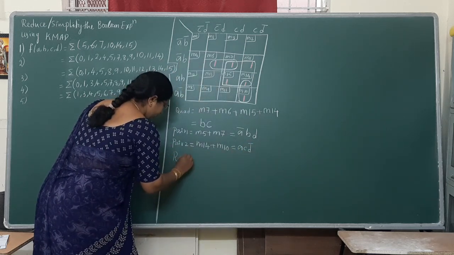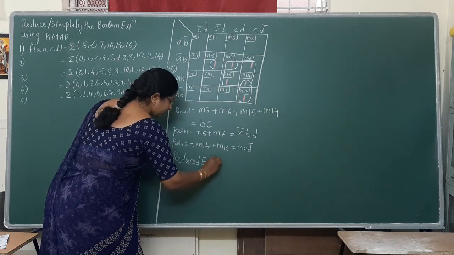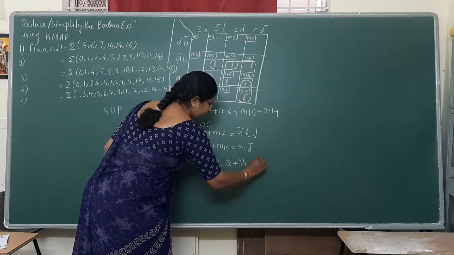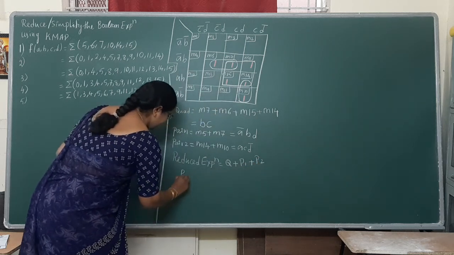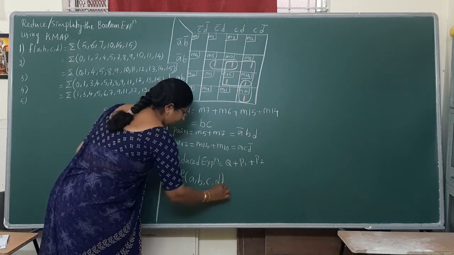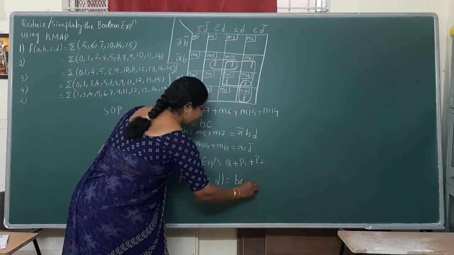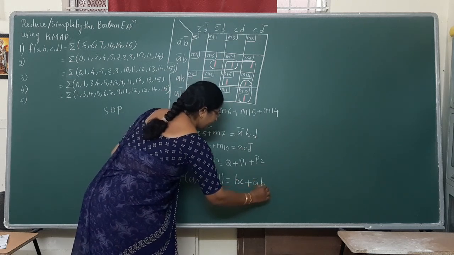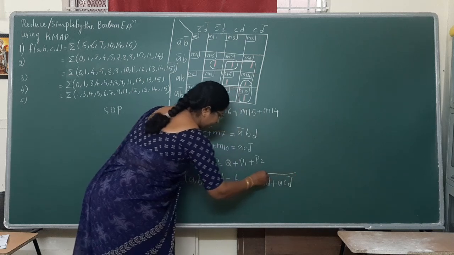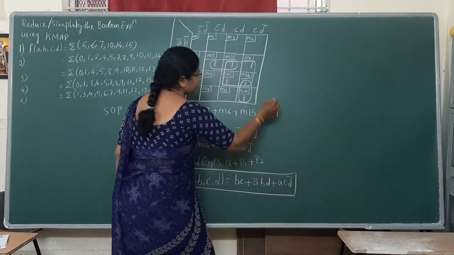So the reduced expression equals quad, pair 1, pair 2. That is f of A, B, C, D equals BC plus A bar B D plus A C D bar. This is your simplified expression.